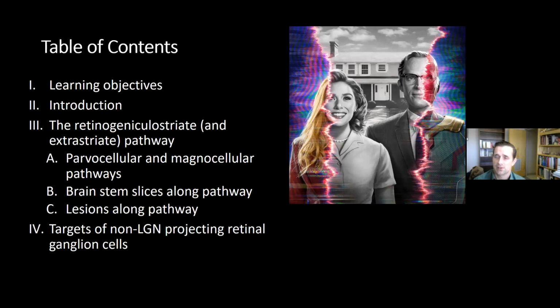Some of those cells actually have a different pathway that is not necessarily involved with visual perception, but with things like sleep-wake patterns, and then also we'll talk about the involvement of the pupillary light reflex.